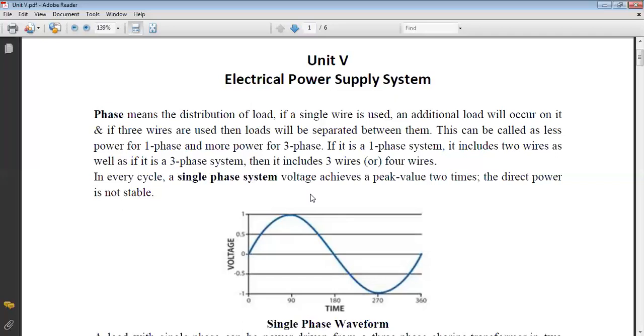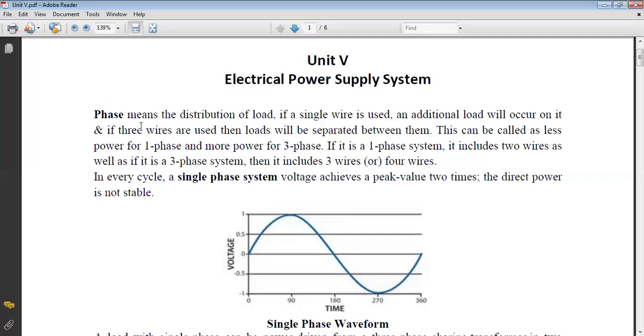But here phase means something different. In our electrical power supply system, phase means the connection between the neutral and a single line. Whenever we deal with low-power activity, such as a fan or light, whatever we use in our home appliances, that is known as single phase.